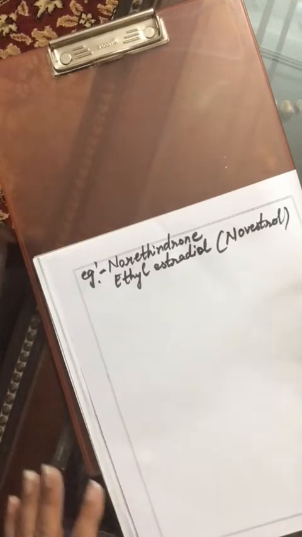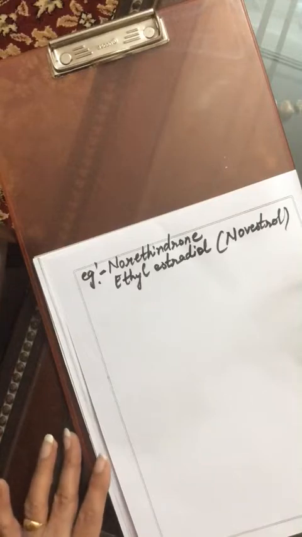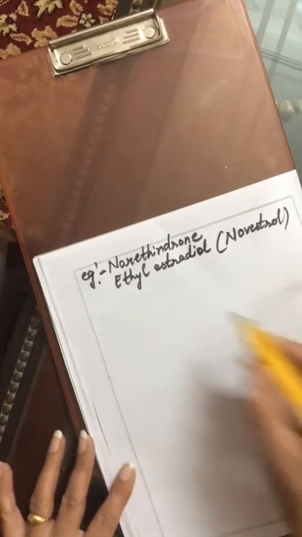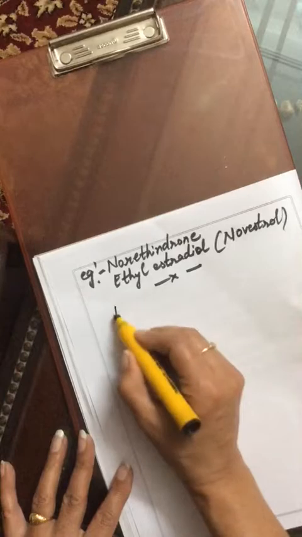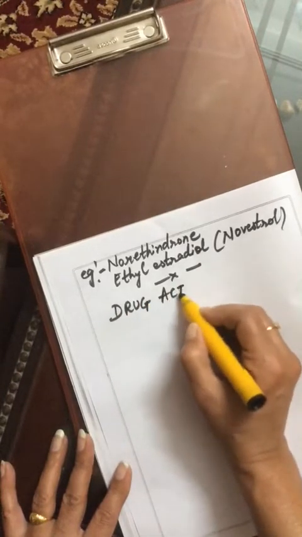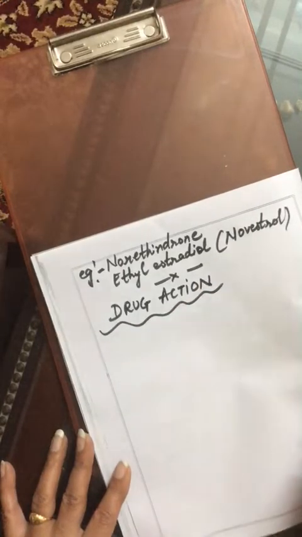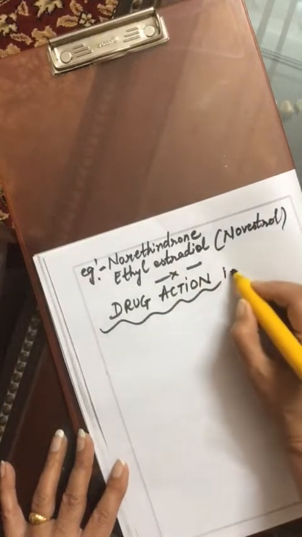So this is our first topic that we have covered, the different types of drugs. Now one thing more is left in the drugs: how these drugs actually work. Drug action. What is the meaning of drug action?